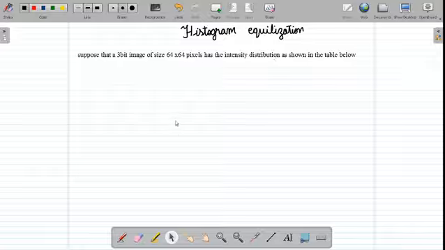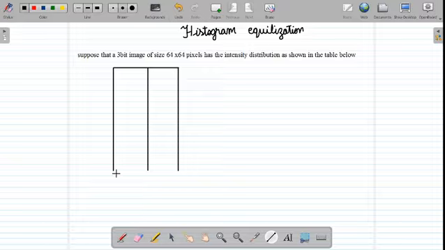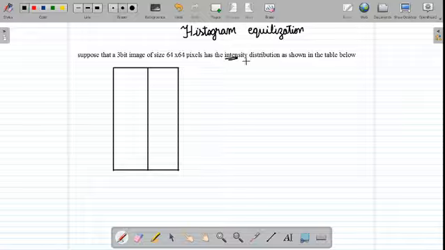If you consider the table, they will be giving the intensity and its distribution. The intensity is given by Rk and its distribution is given by Nk.